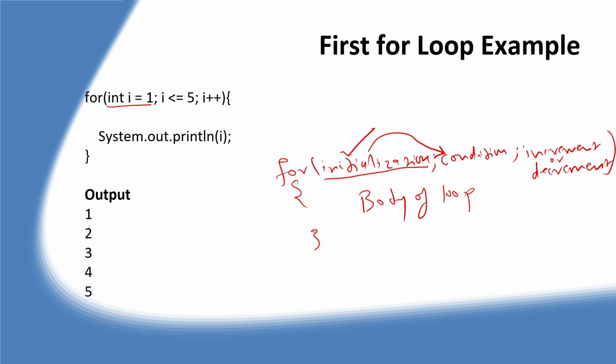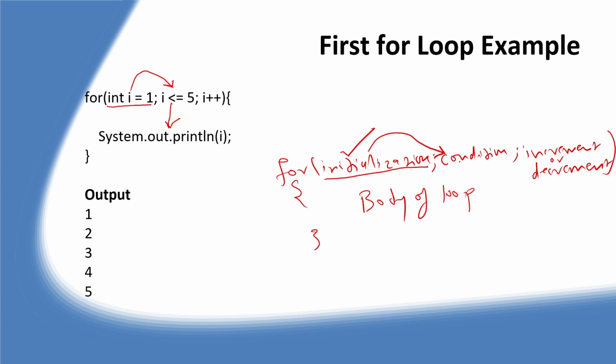So initialization is done. Now it is moving to condition. So here I equals 1. Now it is checking the condition whether 1 is less than or equal to 5. If it is true, then it will execute the body.